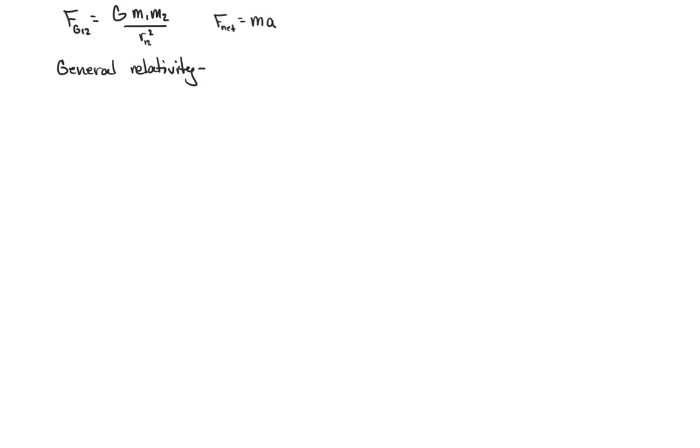Another consequence of this is that you can transform away a gravitational field if you choose an appropriate acceleration. What this means is that you can't tell the difference between free fall and zero gravity. There is no measurable difference between an object in free fall and an object away from any sources of gravity.